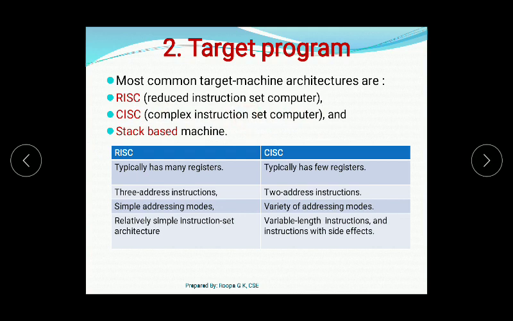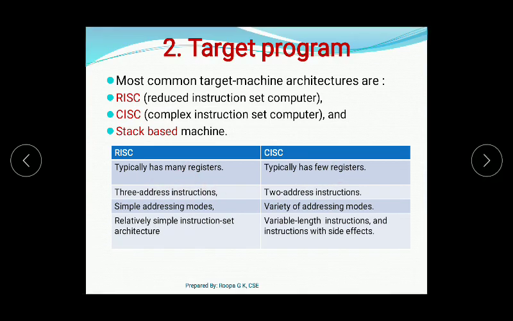Let's see one by one. First, let us learn the difference between RISC and CISC. So RISC has many registers and CISC has a lesser number of registers. Then RISC will make use of 3-address instruction and CISC will make use of 2-address instruction. It is simple compared to 2-address instruction.